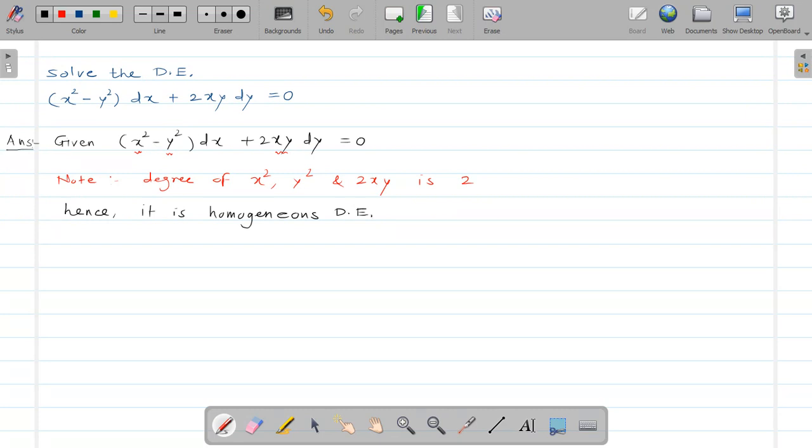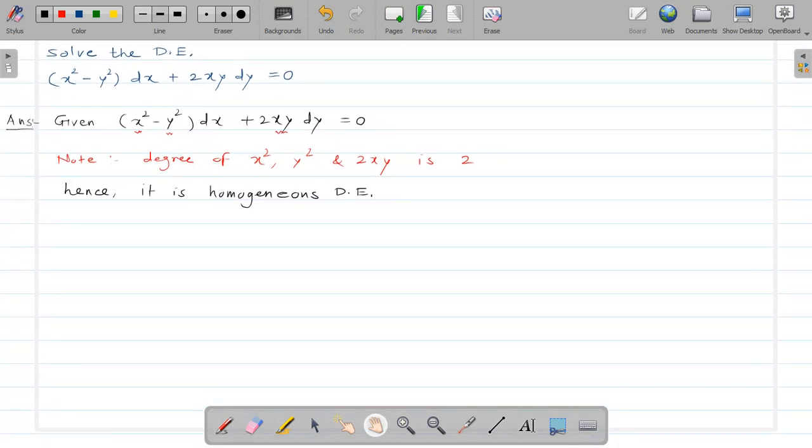Okay, so first of all you have to observe like this. And now what is the next step? Now we will solve the differential equation to get the solution.